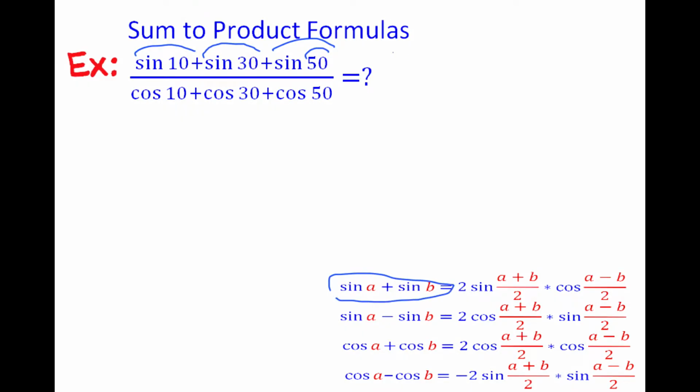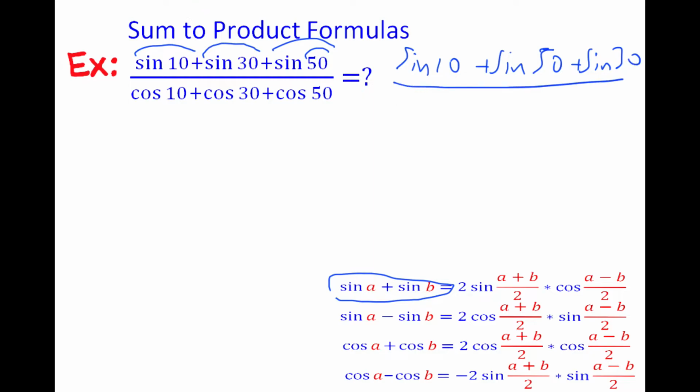So this is going to be equal to, guys, sine 10 plus sine 50 plus sine 30 divided by, again, cosine 10 plus cosine 50. I just put those together, and then plus I'm separating cosine 30 also from here.